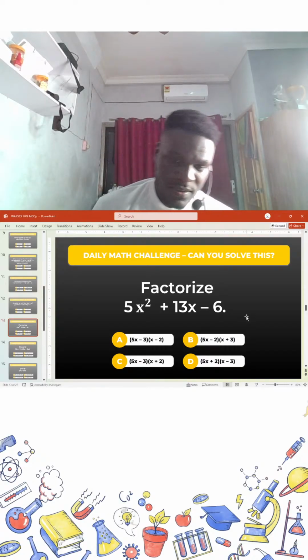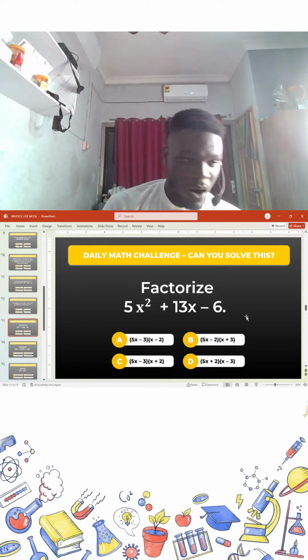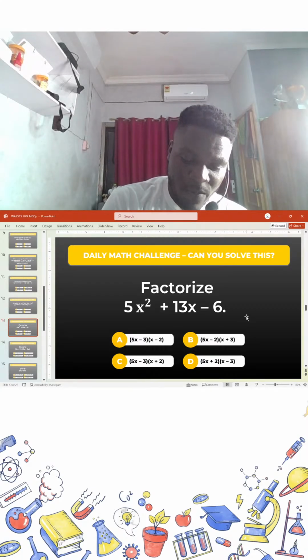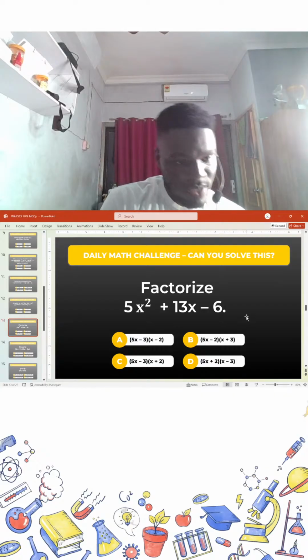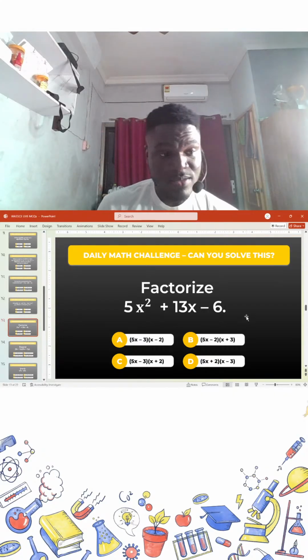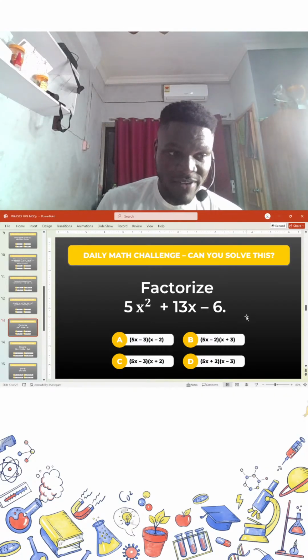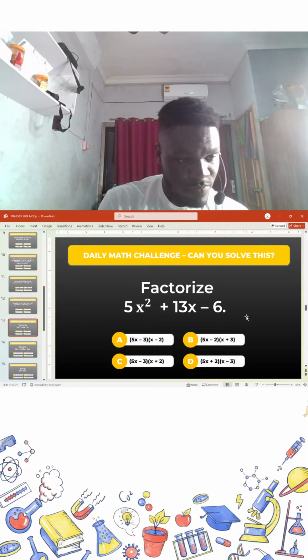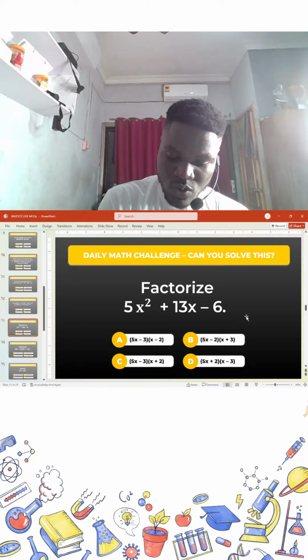If we know how to factorize a quadratic equation, we know it is of the form ax squared plus bx plus c. We can use several methods to do that. We can factorize linearly, or we can use the formula minus b plus or minus the root of b squared minus 4ac, all over 2a.